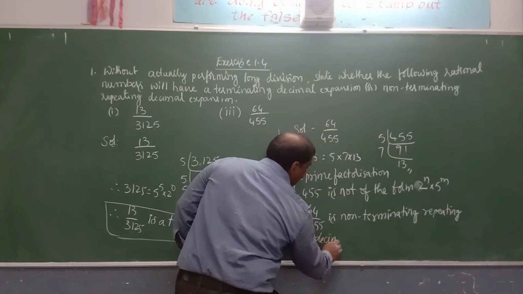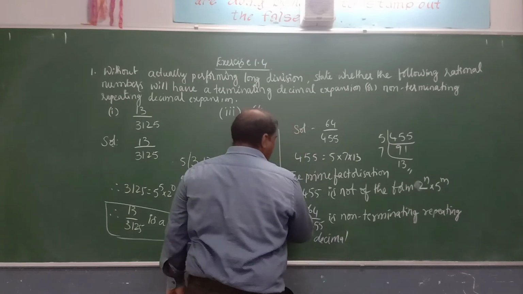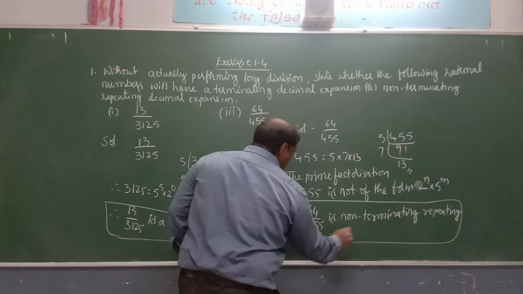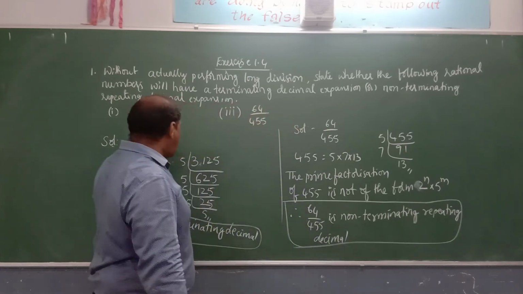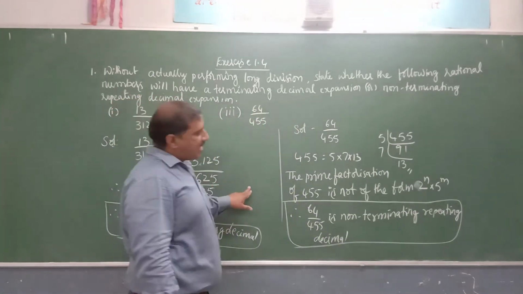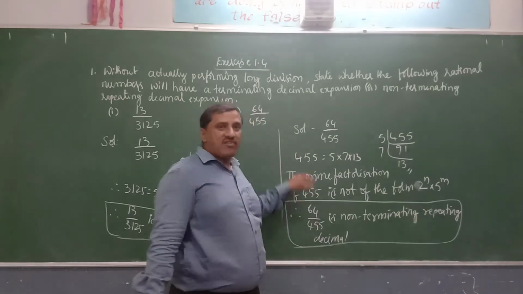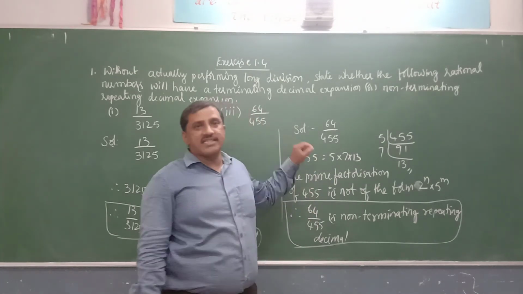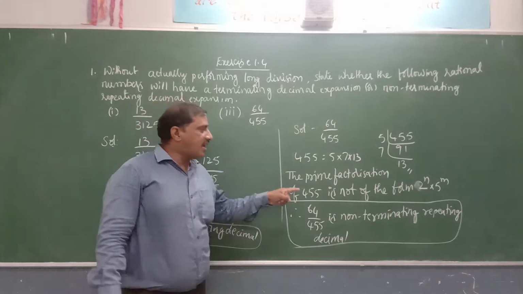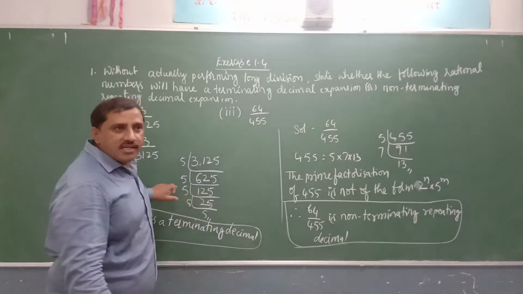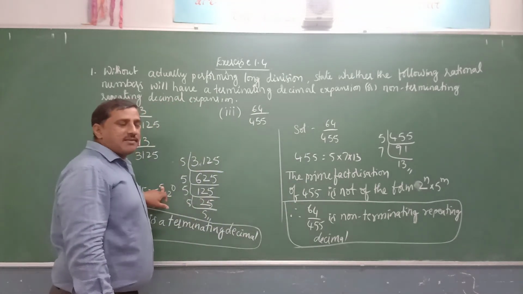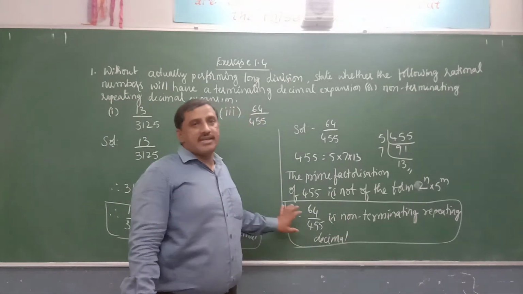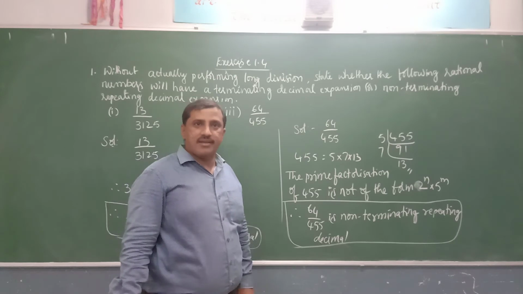So like this we can identify whether the given decimals' expansions are terminating or non-terminating repeating by finding the prime factorization of denominators. If it is in the form of 2 to the power of n into 5 to the power of m, then the decimals are terminating decimals. Otherwise they are non-terminating repeating decimals. Is it clear? Yes?